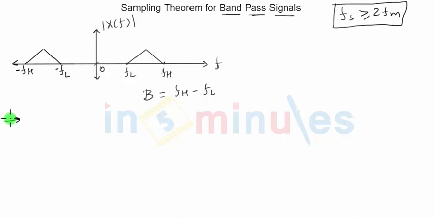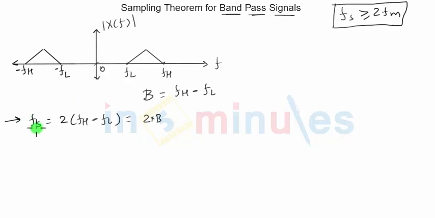The sampling frequency for sampling the bandpass signal can simply be given as Fs equal to twice (Fh minus Fl), which as per the definition is simply twice B. As of now we are not defining a range saying it should be greater than some value. We are simply saying that the sampling frequency for bandpass signals has to be equal to twice (Fh minus Fl).